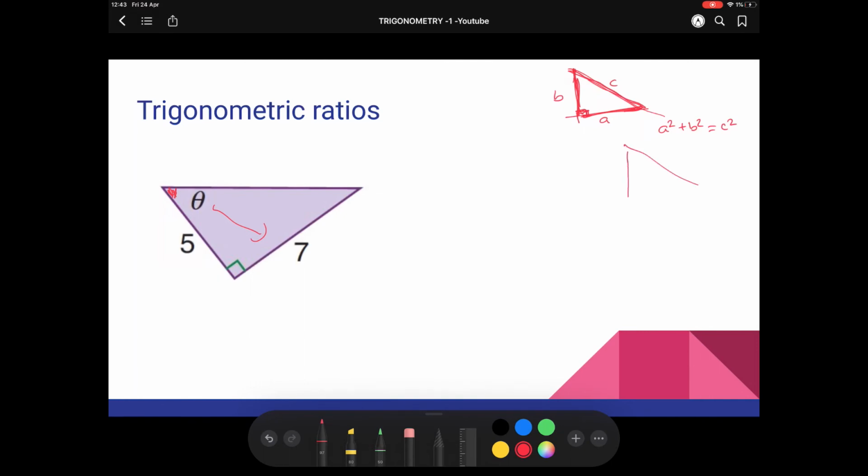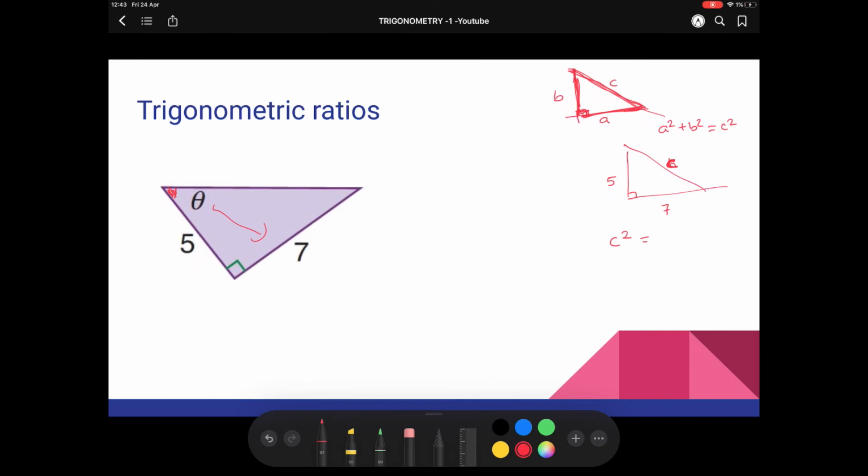In this question, I have one side given as 5, another side given as 7, but the hypotenuse is missing. Let's mark it with c, like a squared plus b squared is equal to c squared. This allows us to find the length of the hypotenuse.